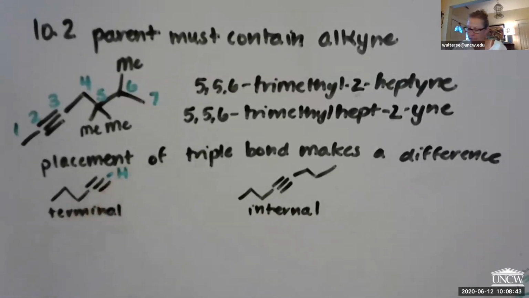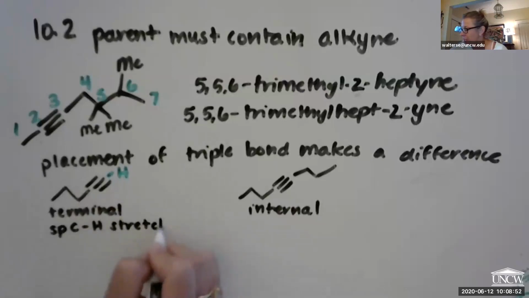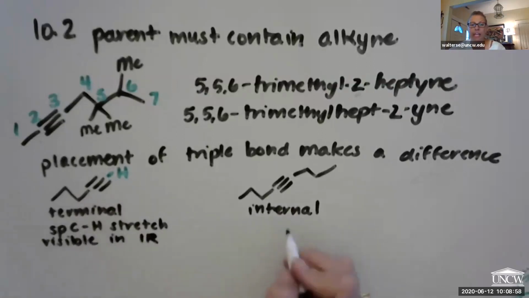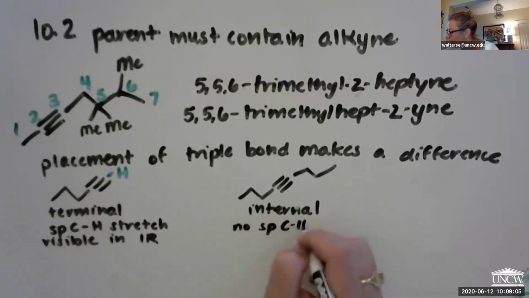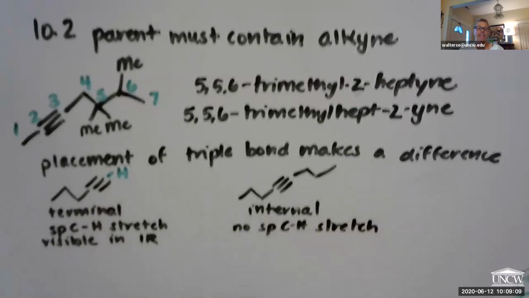Only the terminal alkyne has an sp carbon to hydrogen stretch that's visible in the IR. Internal sp carbons, there's no sp carbon to hydrogen stretch. So you wouldn't see that feature in the IR.